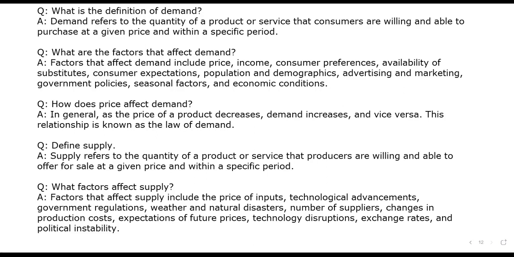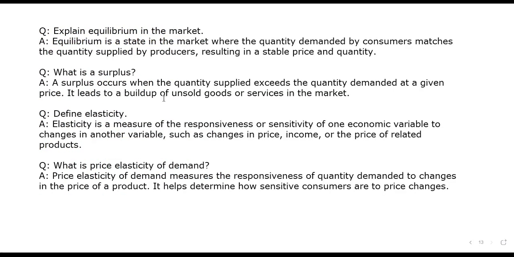So these are some of the questions that we looked at so far. What other things have we looked at so far? We've looked at issues to do with elasticity and equilibrium and surpluses. So explain equilibrium: in a market it is simply a state where quantity demanded by consumers matches the quantity supplied by producers, resulting in a stable price and quantity.